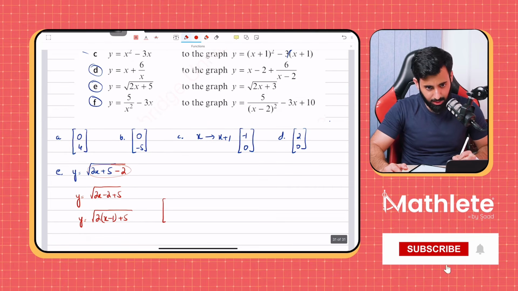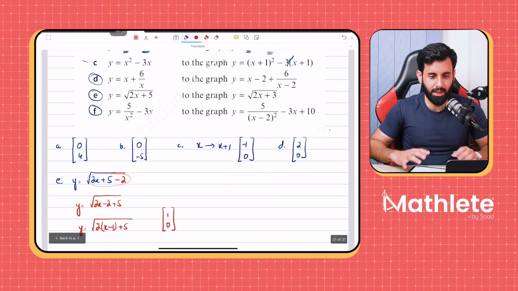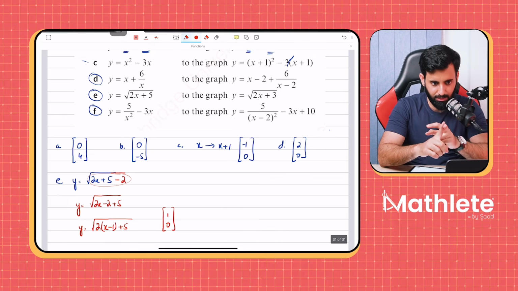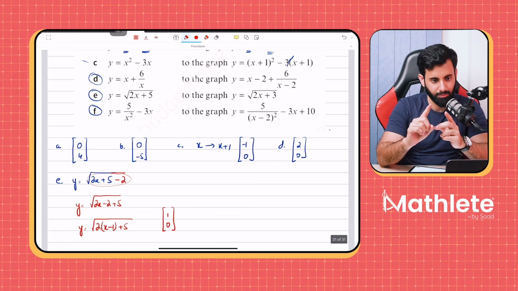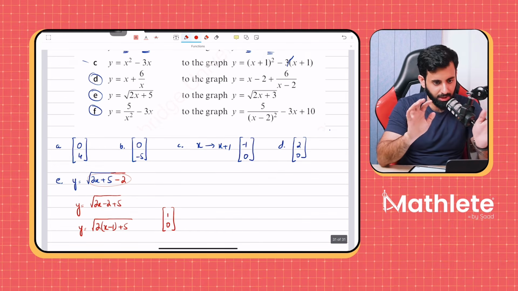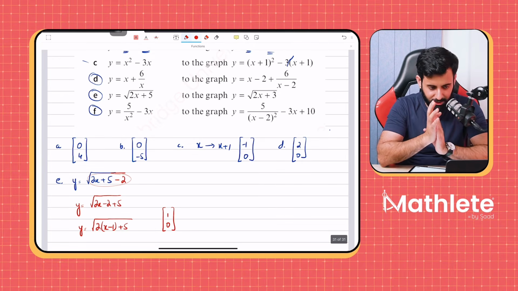I'll explain it again. First of all, narrow it down to whether it's a horizontal translation or a vertical translation. We know that it's a horizontal translation. Because it's a horizontal translation, something has to be done to x. Something has to be added or subtracted. How did I narrow it down that it's not a vertical translation?